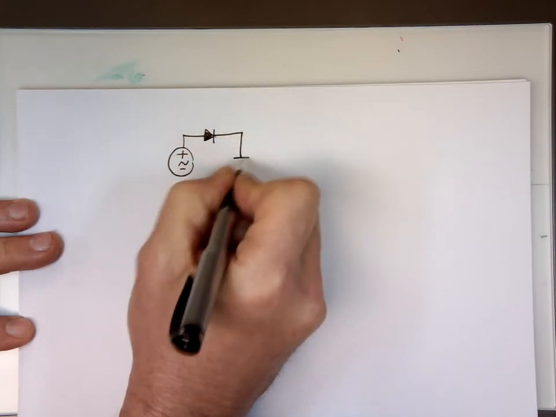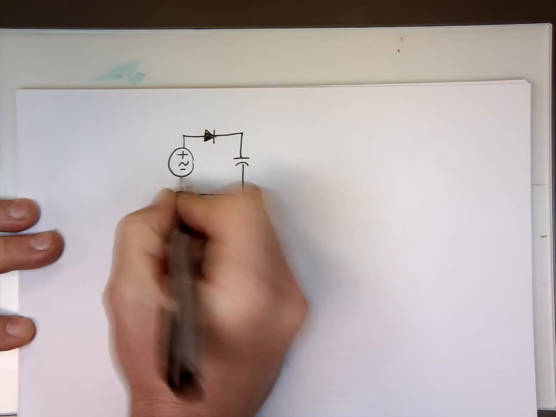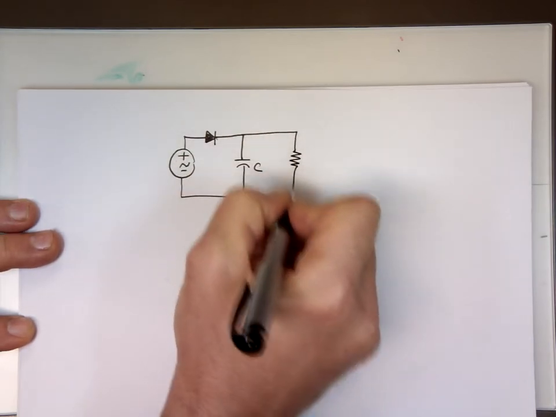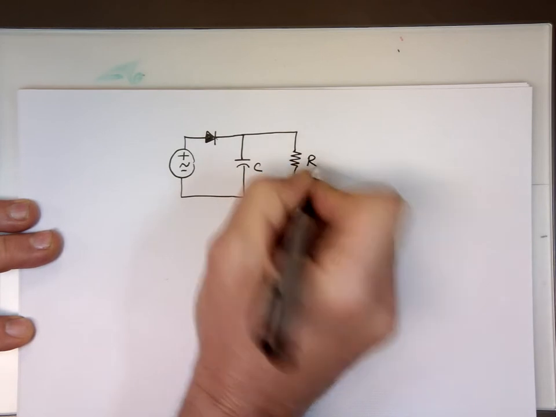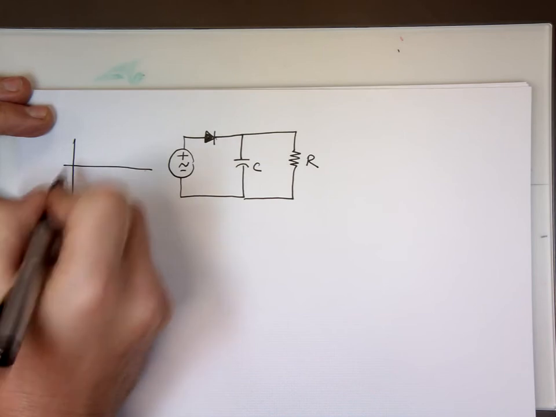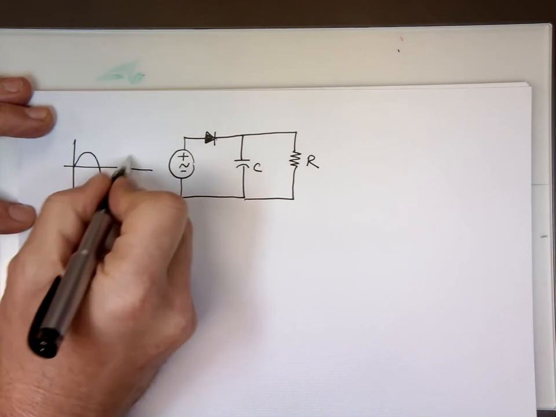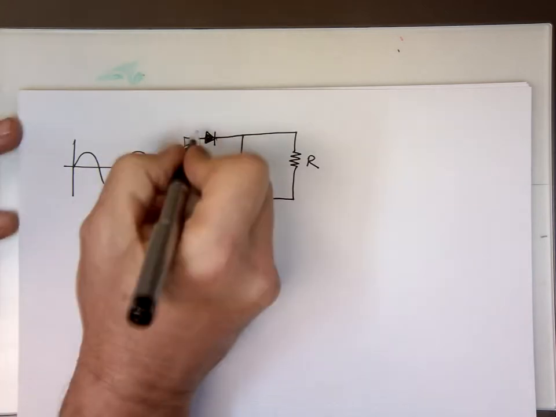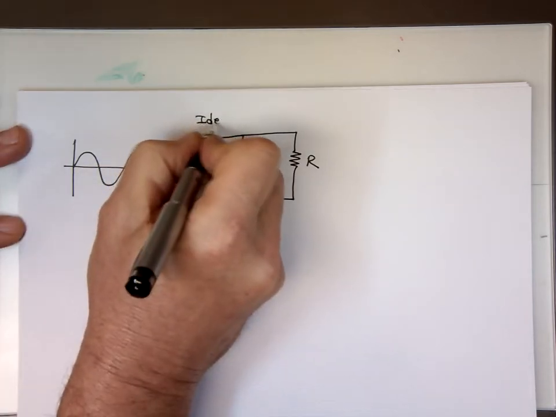And now let's put a capacitor here and a resistor. And again, there's my source. My input voltage is a sine wave. Again, I'm making the assumption now ideal. We'll fix that later when it's not ideal.